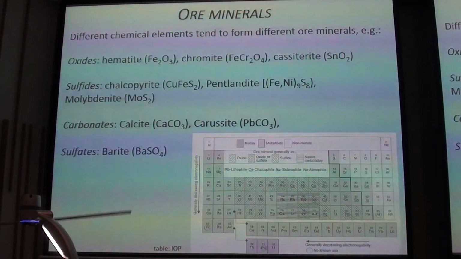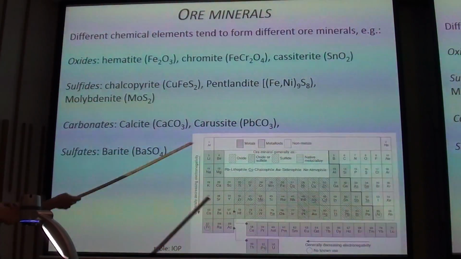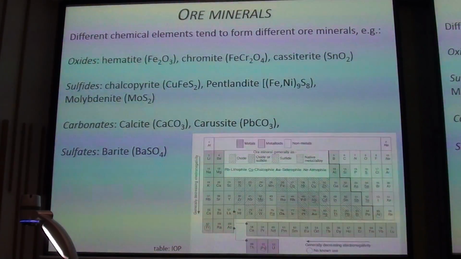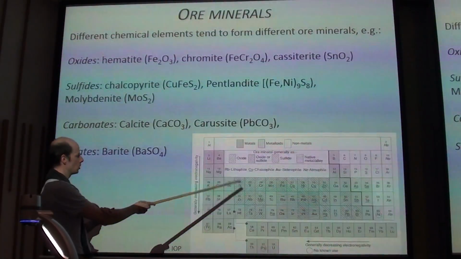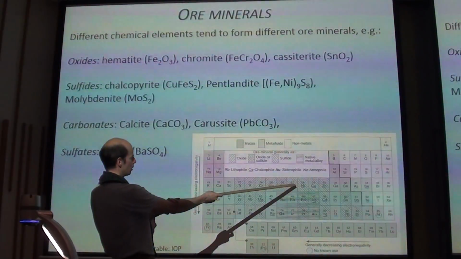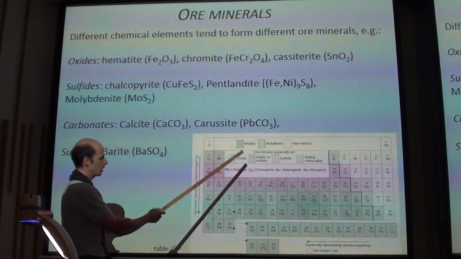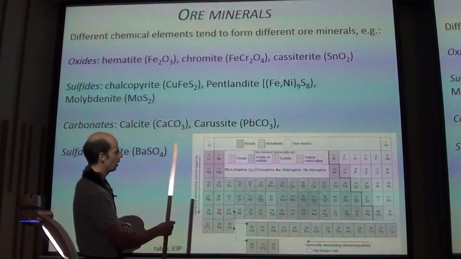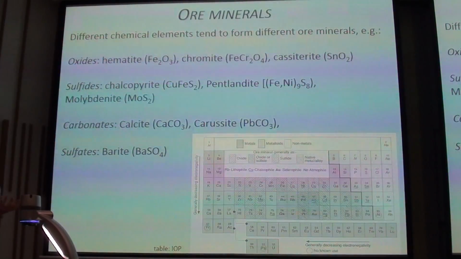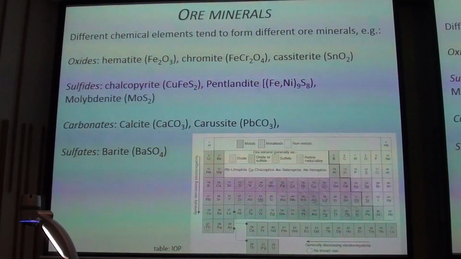There is a plethora of them, and you can see the periodic table at the bottom here. Certain elements like to occur as oxides, and others as sulfides, like nickel and copper, and some metals like iron like to occur both as oxides and sulfides. These are a few examples that we are also going to be looking at during the labs.